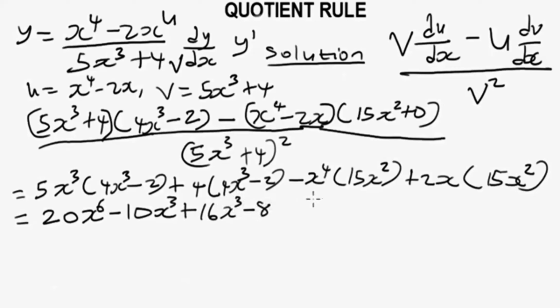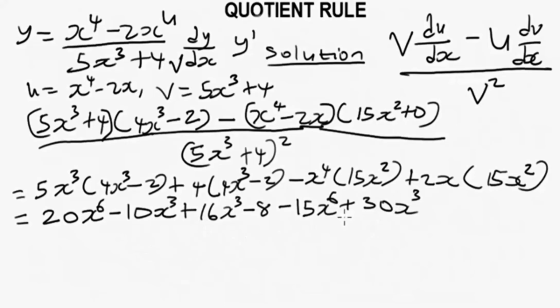This time around we have minus x^4 times 15x^2, so we have minus 15x^6, by the law of indices, you add the powers. Then plus 2x times 15x^2, we're going to have plus 30x^3.